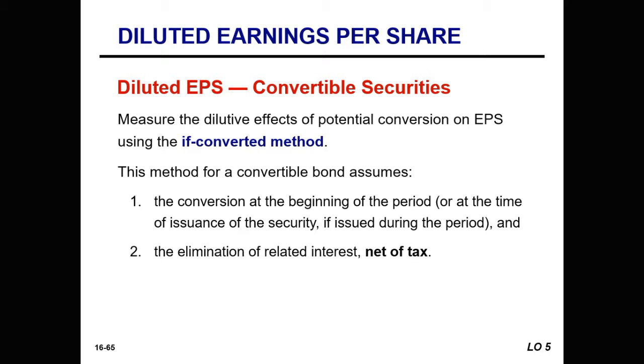The conversion is treated as if it occurred at the beginning of the year, or at its issuance date if it was issued during the year. The weighted average number of shares outstanding in the denominator is increased, and related interest expense net of tax is eliminated from the numerator.